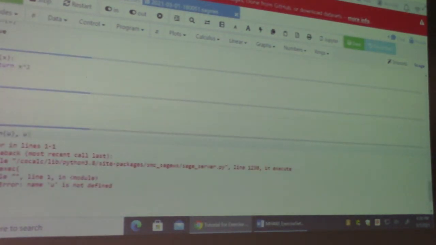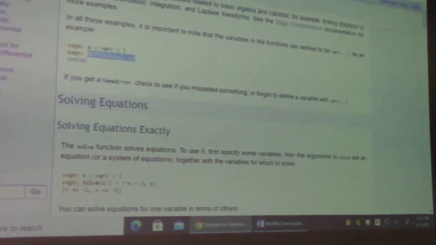Ooh, it didn't like that. See, before we can do calculus on a variable, we have to say, hey, this is a variable. So that's a little bit different than some other things you've used, right? Maybe. So I have to first declare to Sage that u is going to be a variable by using u equals var, u in the single quotes.